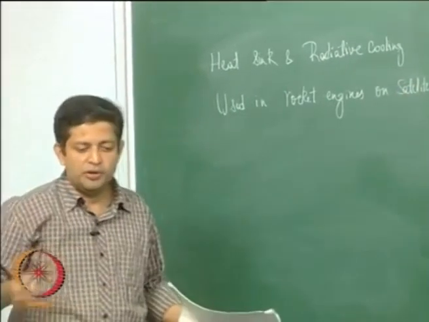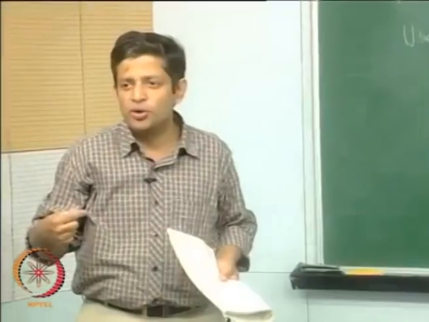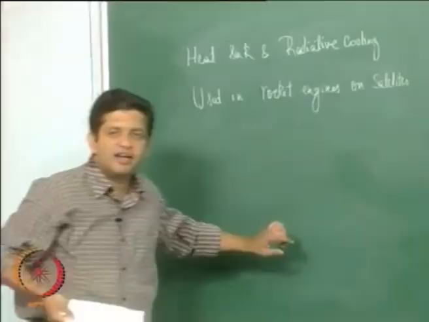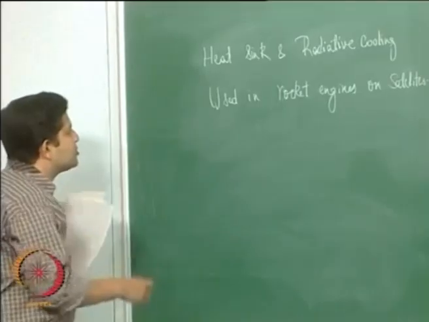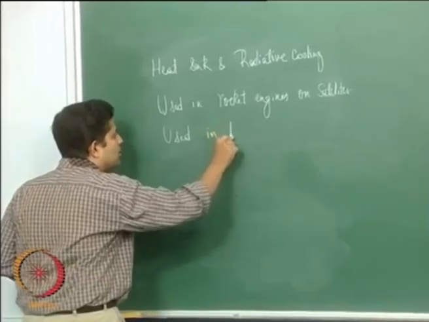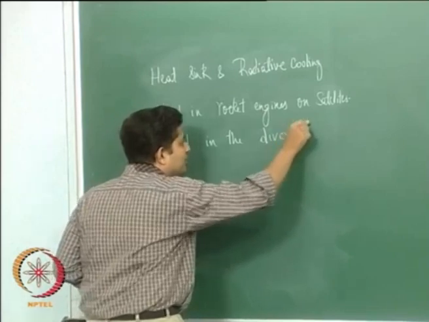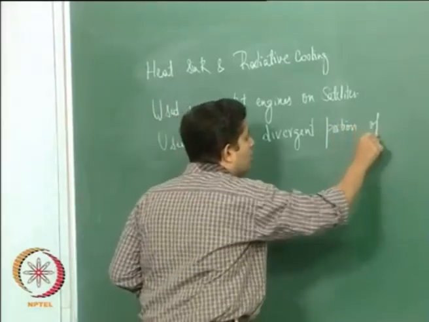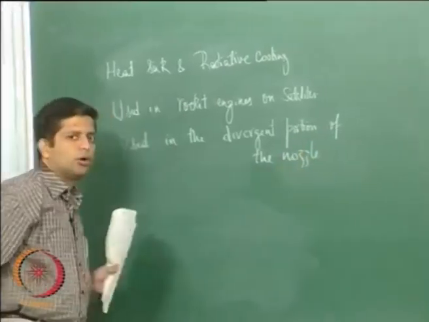if you look at film cooling, you need to use a particular fluid that is carried on board to achieve the cooling. In this case, there is no such requirement, and therefore it is quite popular in satellite applications, and also this is used in the divergent portion of the nozzle.